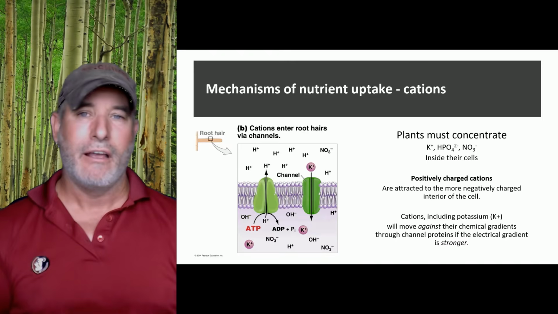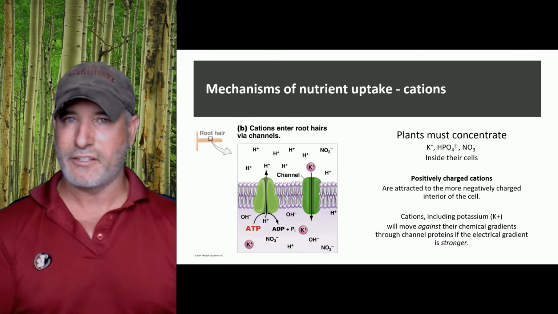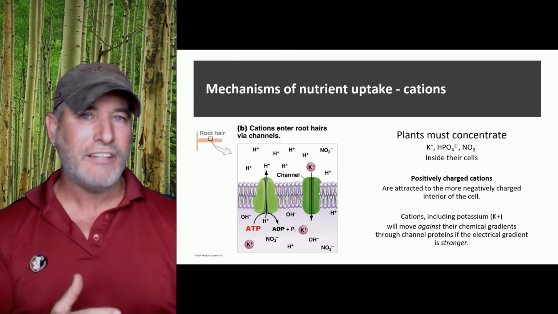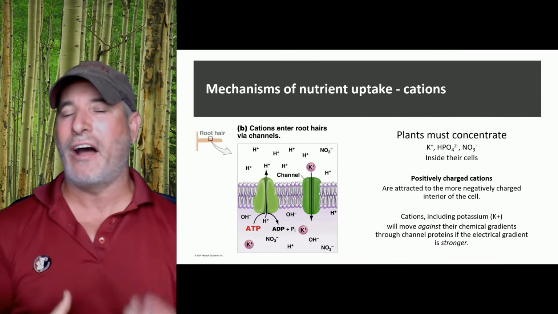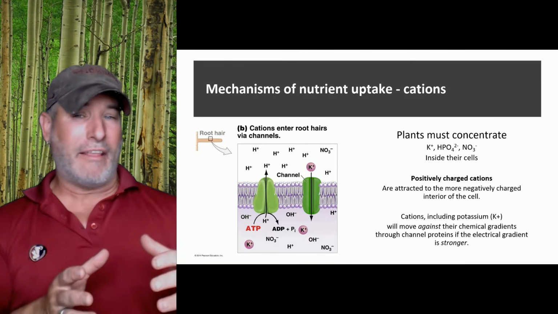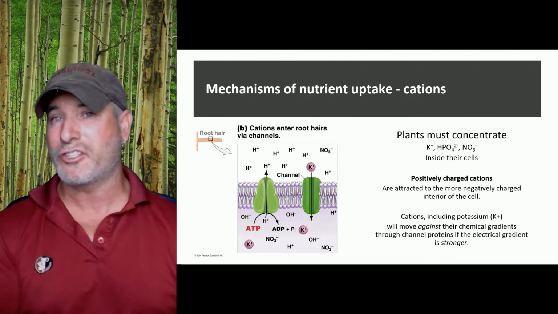So like I said, if I'm more positive outside the cell and more negative inside the cell, now these are relative terms, that's going to pull your cations into the cell because they're going to go down their electrical gradient, and they might even go against their chemical gradient. It just depends on which one is stronger.